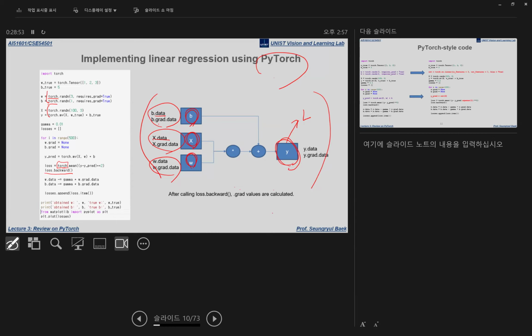And B dot grad, if you access this instance variable, it holds the gradient value.